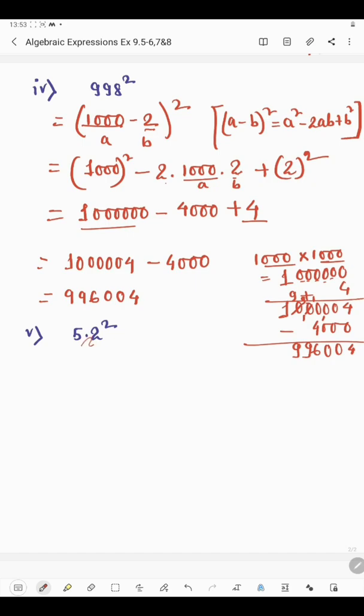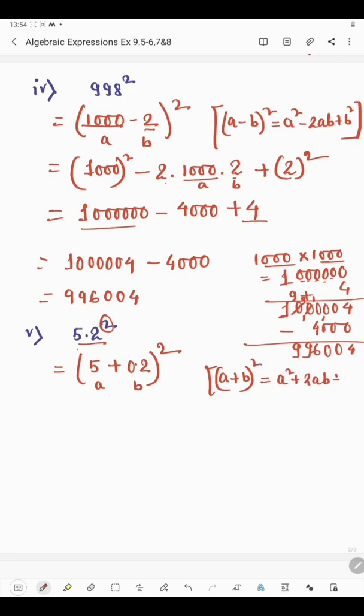Now in the fifth part we have 5.2 square. If you expand this number, we write it as 5 plus 0.2, because 5 plus 0.2 is 5.2, and the square will remain the same. Again this is the (a plus b) whole square identity, which is a square plus 2 into a into b plus b square.